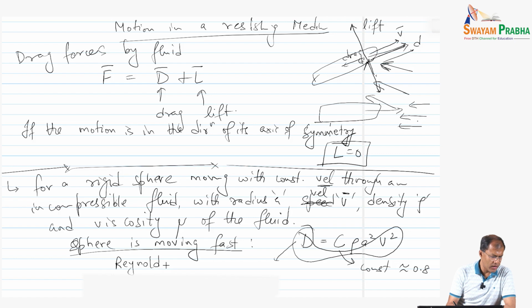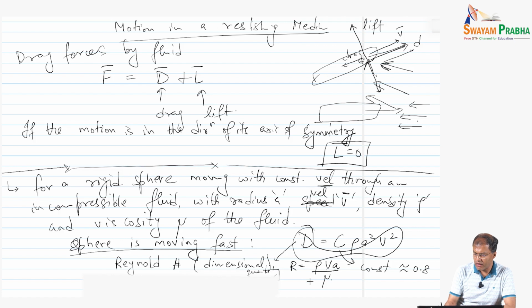It is given by R equals rho times V times A divided by mu, where rho is the density of the fluid in which the object is moving, V is the velocity of the object, A is the size of the object, and mu is the viscosity of the fluid in which it is moving.